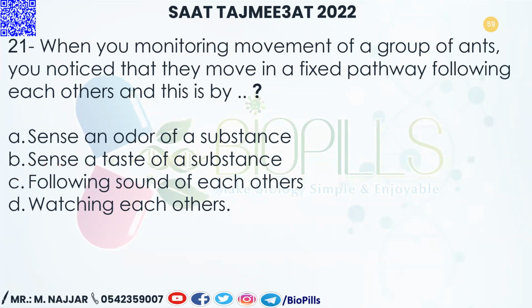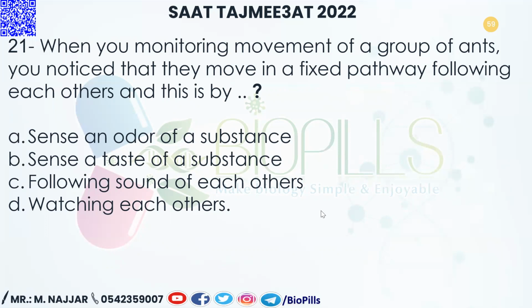Question number 21. When monitoring the movement of a group of ants, you notice that they move in a fixed pathway following each other. And this is by A, sensing the odor of a substance, B, sensing the taste of a substance, C, following the sound of each other, D, watching each other. I referred to this in one of the questions before.